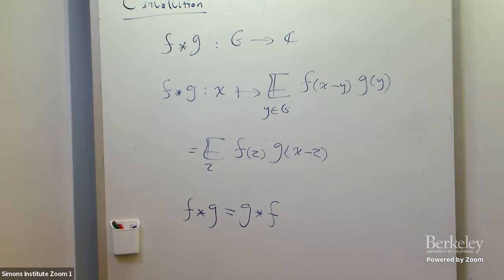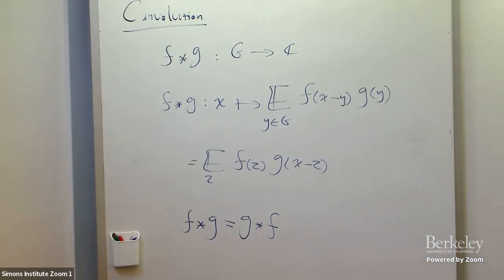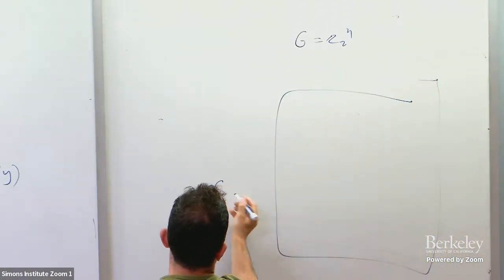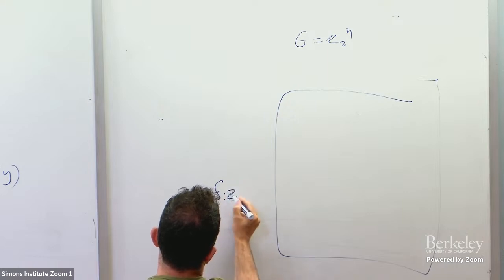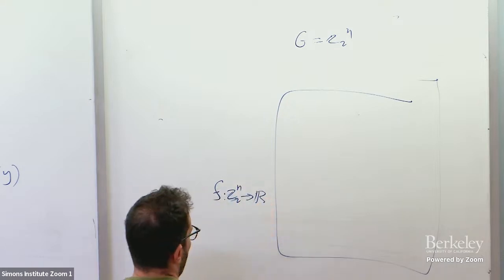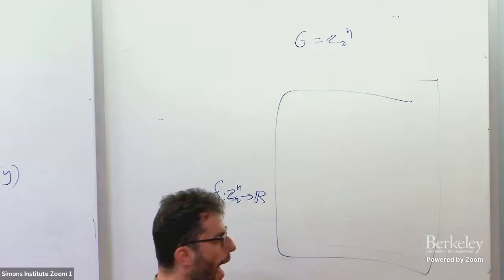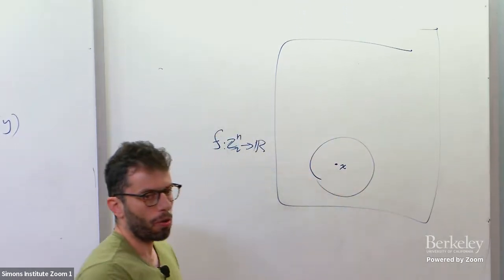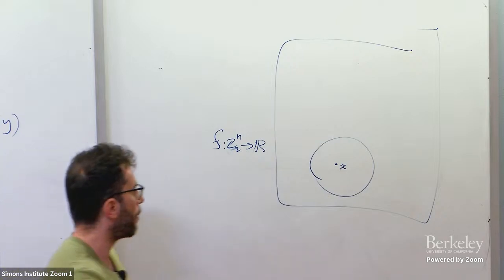Okay, and why is it useful for us, at least in these kinds of discrete applications? One nice thing about it is that you can do things like this. Let's say my group is Z2 to the n, and I have a function f from it to R. Now suppose that for every point x, I want to average the function over, say, the Hamming ball of radius r around x.